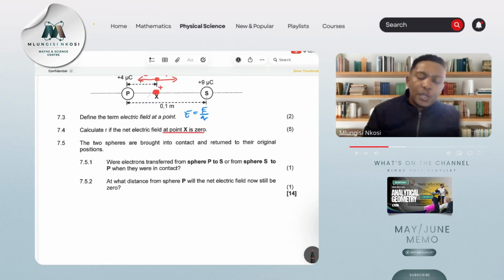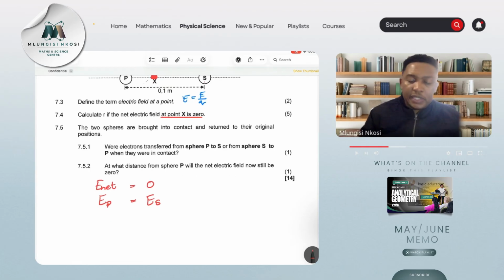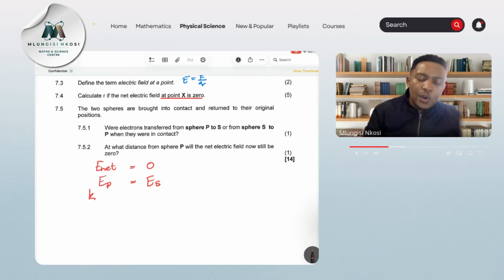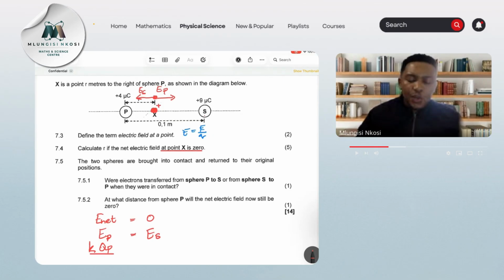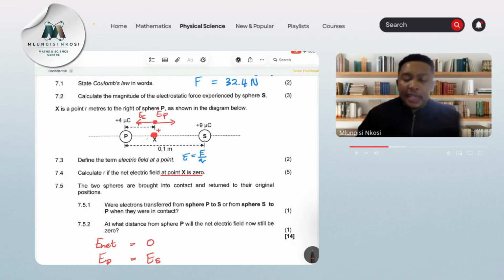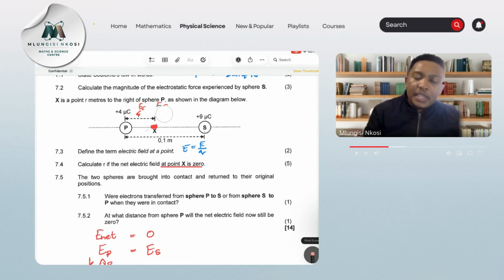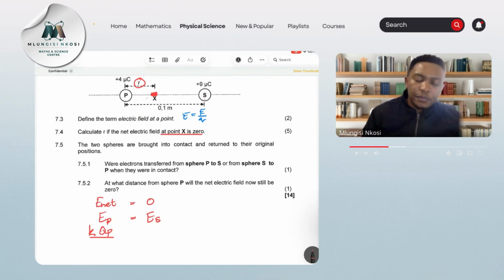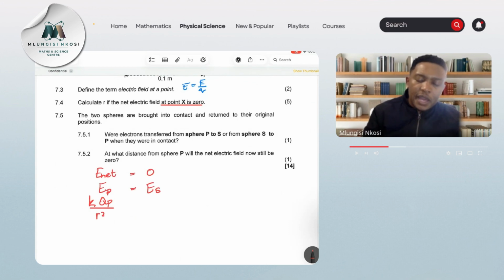So E net is equal to 0, and so the field due to P should be equal to the field due to sphere S. What we know is KQP over, remember between P and X the distance there is R, so this is divided by R squared.